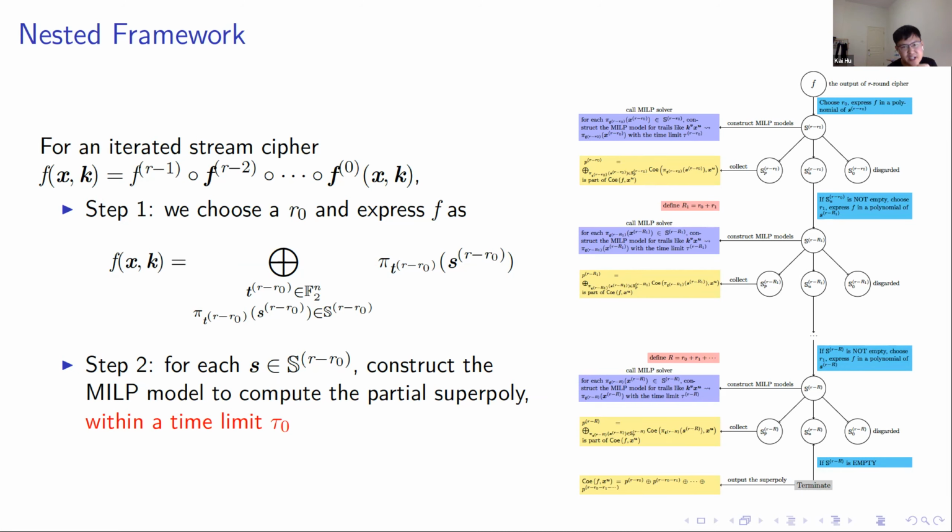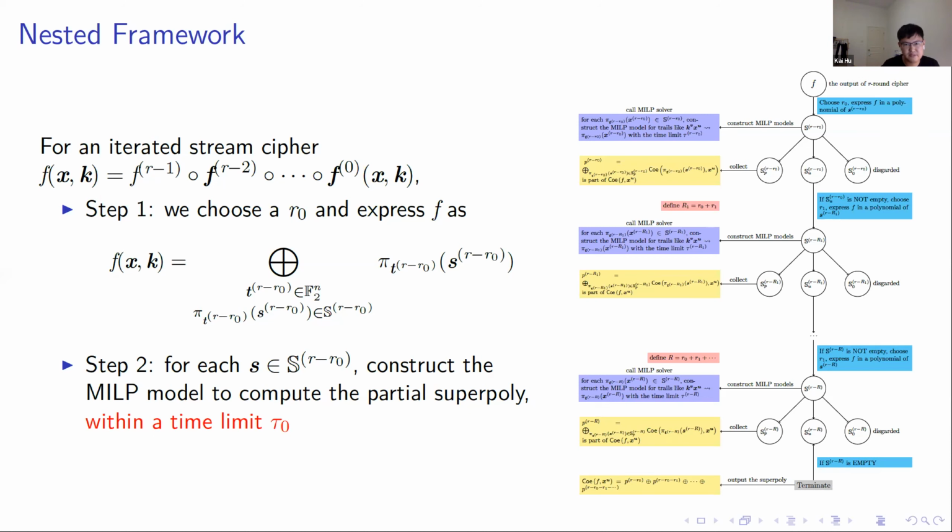If we set a bigger time limit, it is very likely that this time is all wasted, because with a high number of rounds it is very difficult to expand and evaluate the partial superpoly.